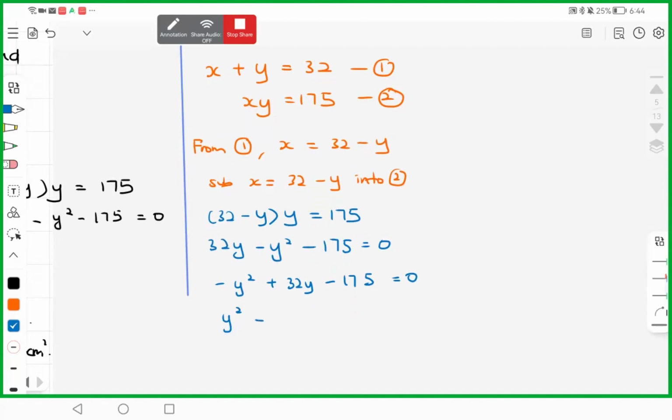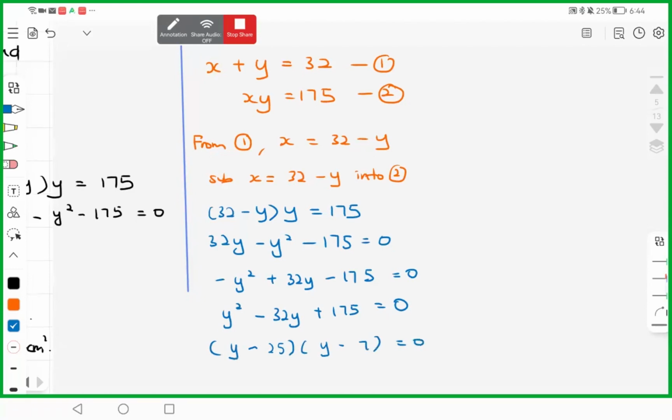So you will get y squared minus 32y plus 175 equal to 0. Then we can key in EQN already. So we get y minus 25 and another one is y minus 7. So we settle.